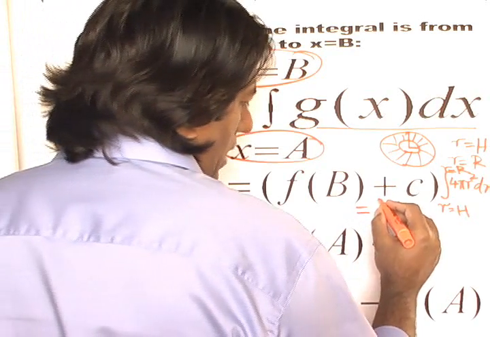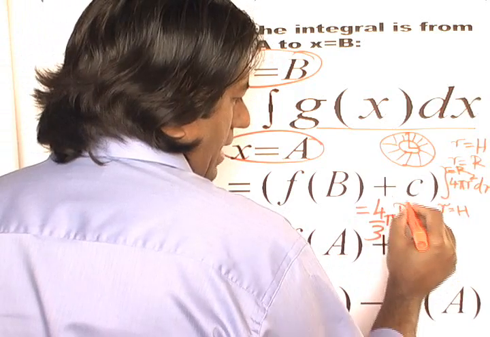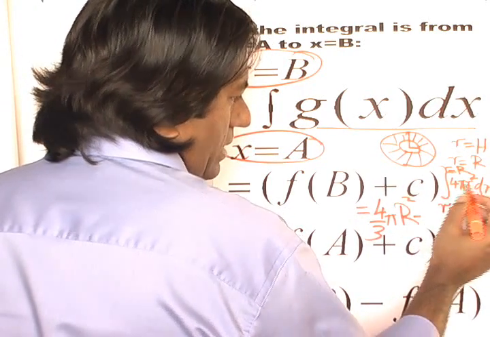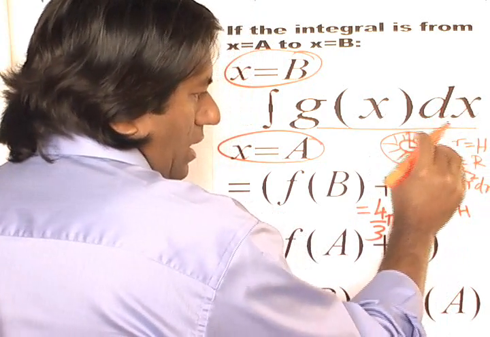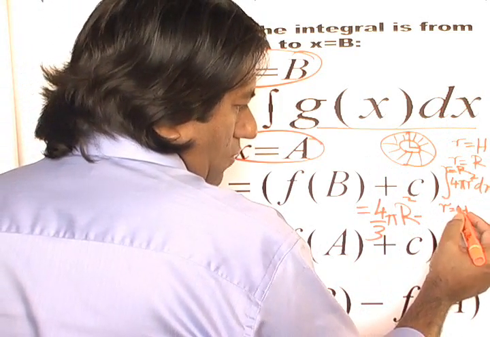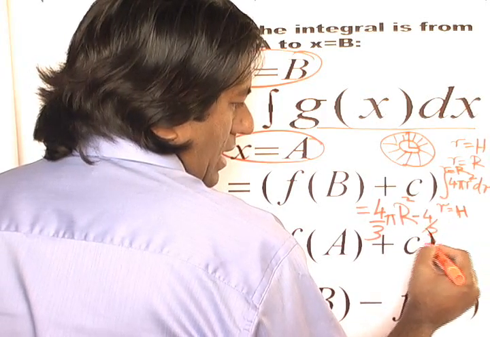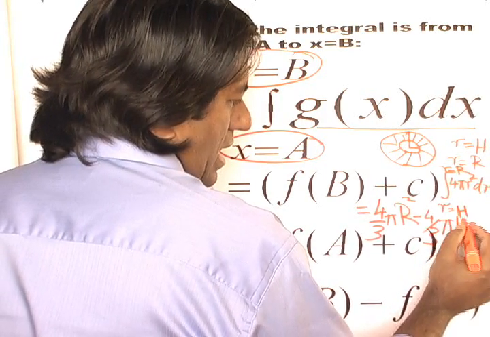So it's going to be 4/3 pi capital R cube minus the integral for r equal to h, which is 4/3 pi h cube.